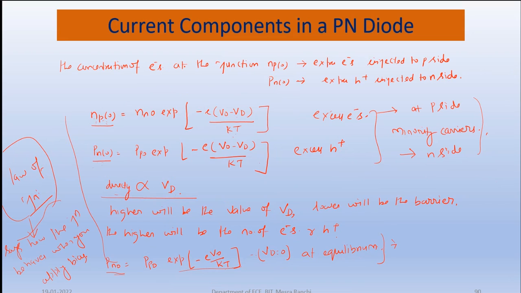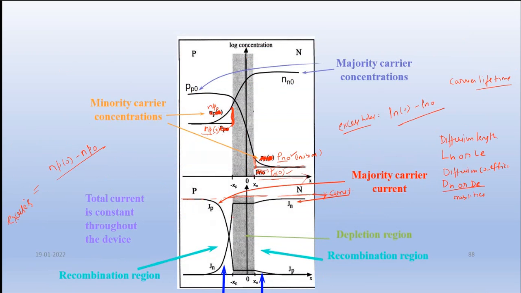So the concentration of electrons at the junction: np naught is the extra electrons injected to the p side, and pn naught is the extra holes injected to the n side. Just consider this diagram.